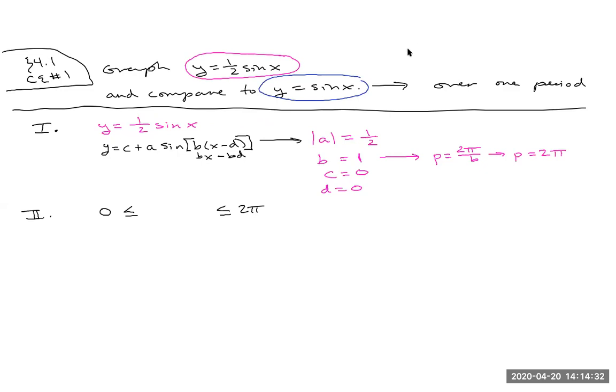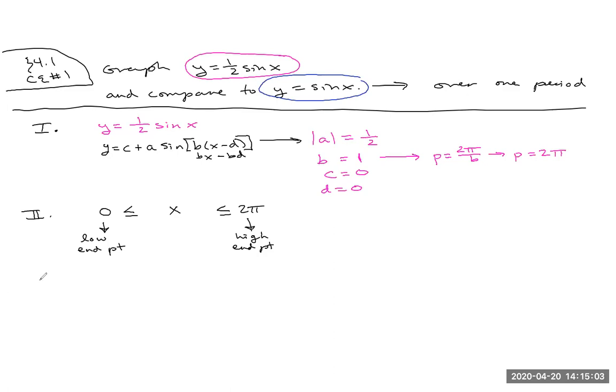Whatever part you see after the sine, that is your b times x minus d. Okay. We don't need to do anything to isolate x here. So what that tells us is this is going to be our low n value. And this is going to be our high n value.